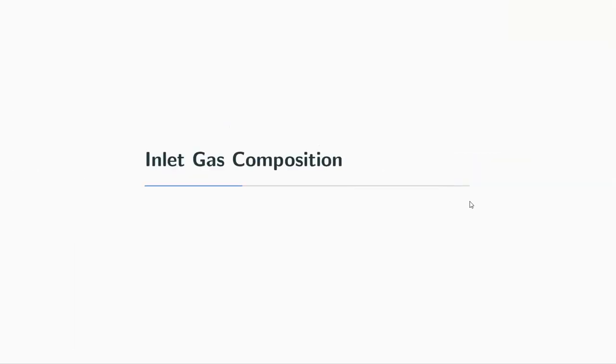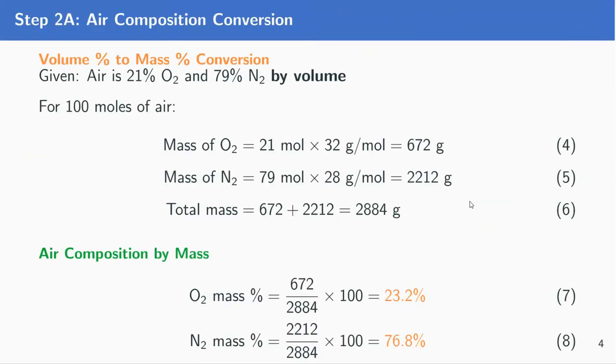Next, inlet gas composition. Step 2a, air composition conversion, volume percent to mass percentage conversion. Given that air is 21% oxygen and 79% nitrogen by volume. For 100 moles of air, 21 moles of oxygen weighs 21 times 32 equals 672 gram.